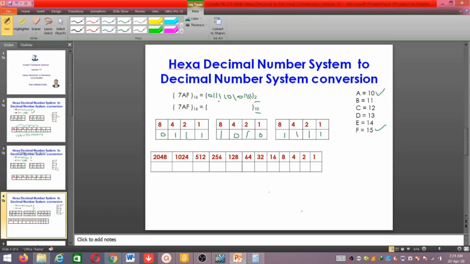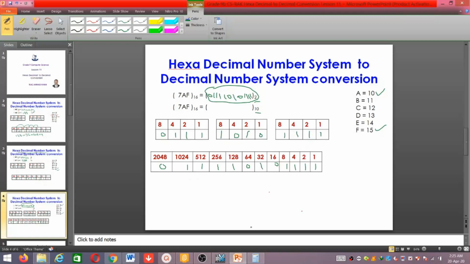If I want to convert these binary numbers into decimal, I will write them here like this, with the place values.